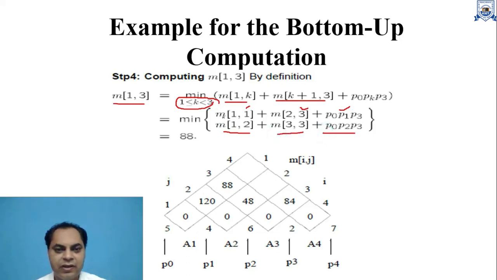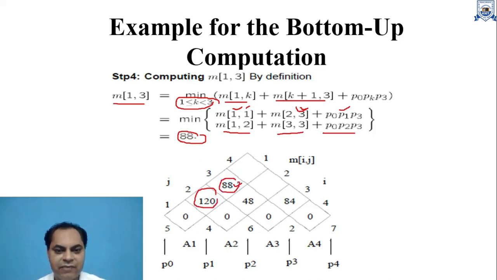Now between the two options, the minimum value is 88, and we have to store it. While finding m11, we already did m23. The value of m23 is 48, and the value of m12 is 120. The minimum is 88.